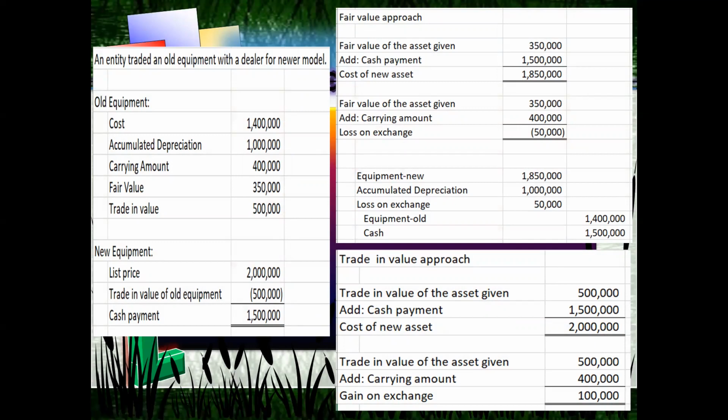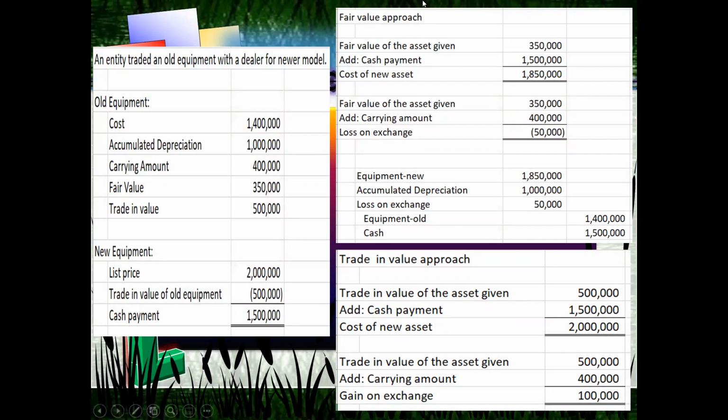So also as mentioned in the concept na in order of priority, ang pag-assign natin ng cost sa ating equipment na nakuha natin through trade-in. So sabi doon, first priority is yung fair value approach. So kung hindi naman available yung fair value, then pwede ka doon na sa second na option, which is the trade-in value approach.